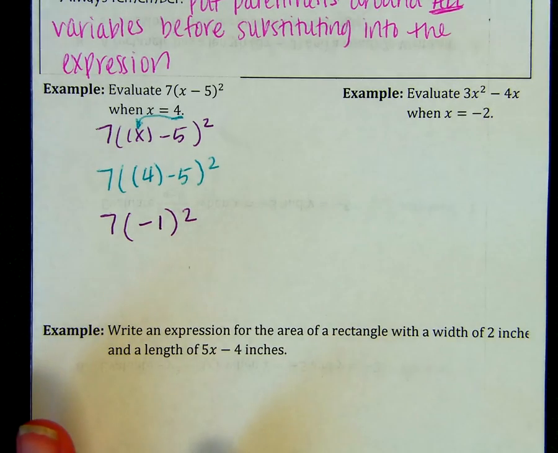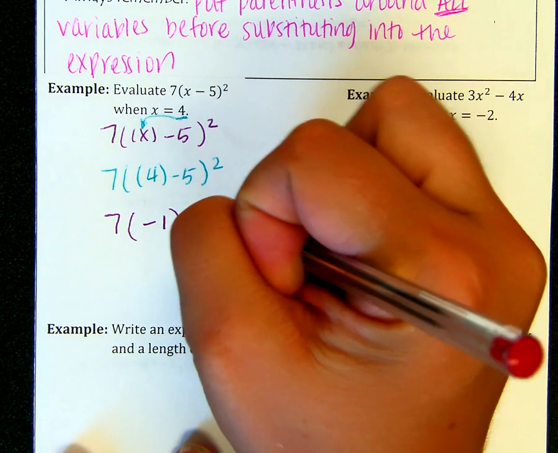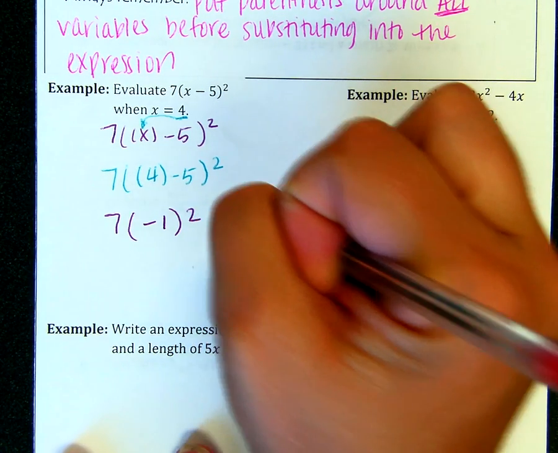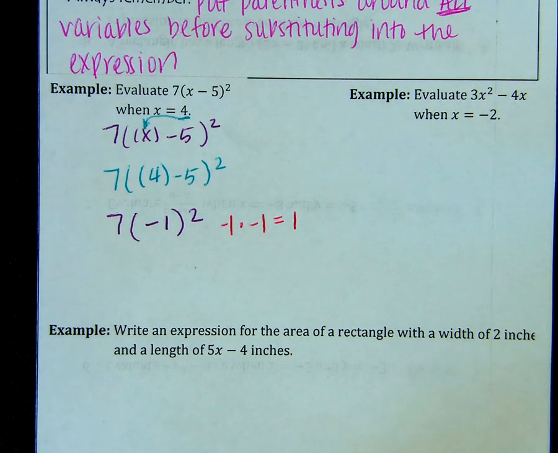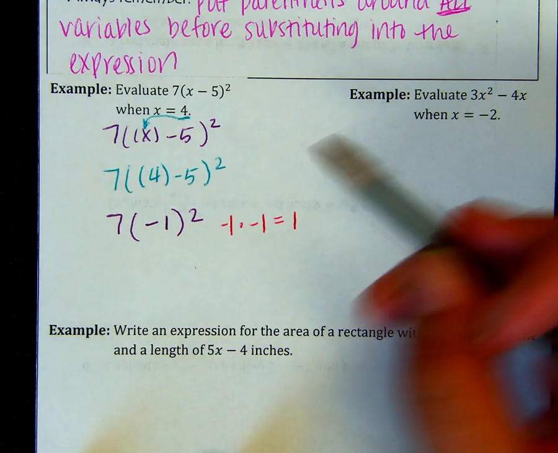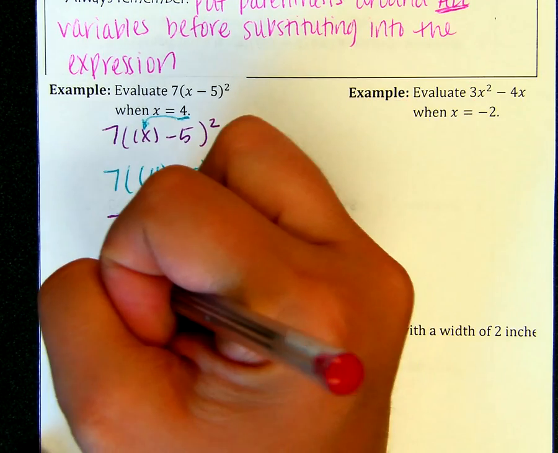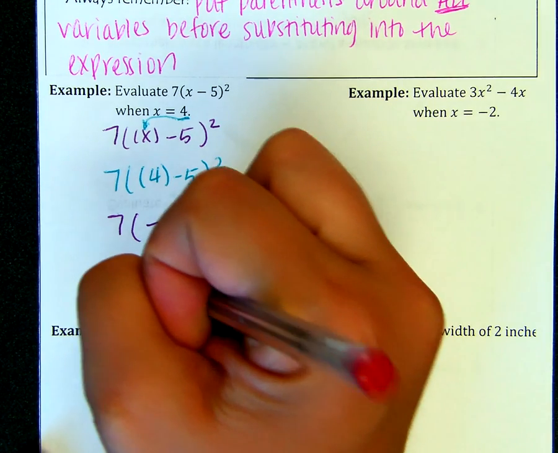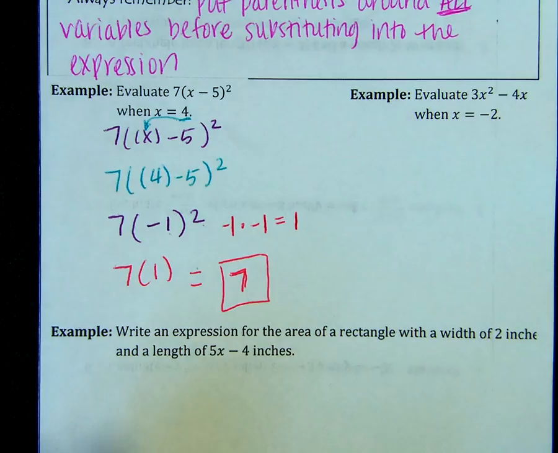Negative 1 squared is negative 1 times negative 1, which gives you a positive 1. Don't think it's negative 1 times 2. Squared means to multiply it times itself. So now you have 7 times 1, which equals 7. That is your answer.